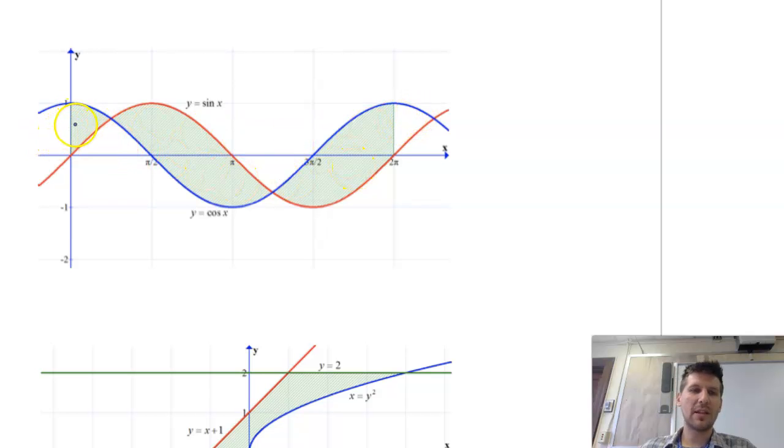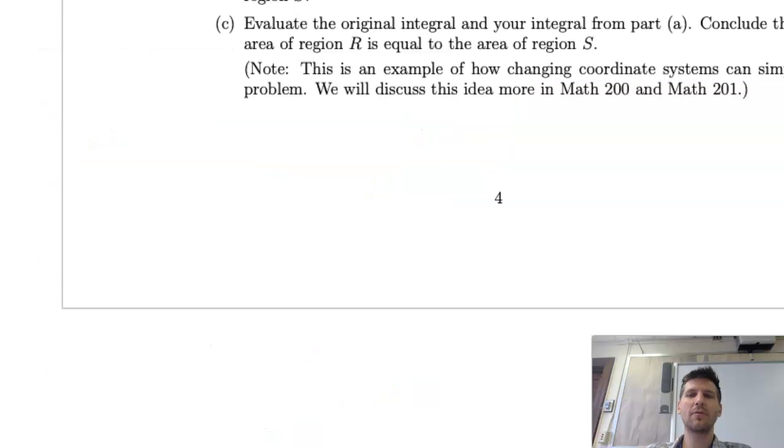So we can see that the entire interval is from 0 to 2 pi. However, the top function switches. First, cosine is the top function from 0 to pi over 4, where they have that same output of root 2 over 2.